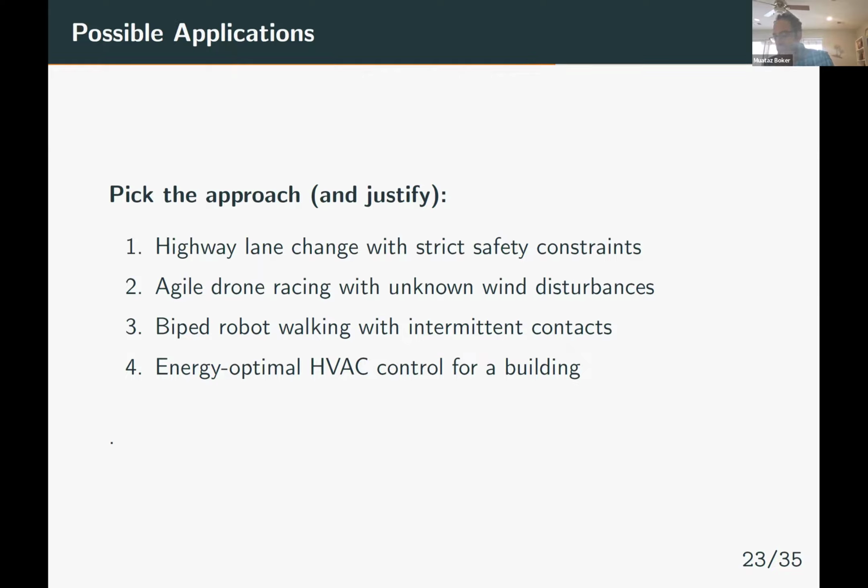You want to design a self-driving autopilot controller for a car that can decide when to change lanes on a highway with strict safety constraints. So, what do you think? Which approach should you follow here? Reinforcement learning or MPC? Anybody? Probably reinforcement learning.